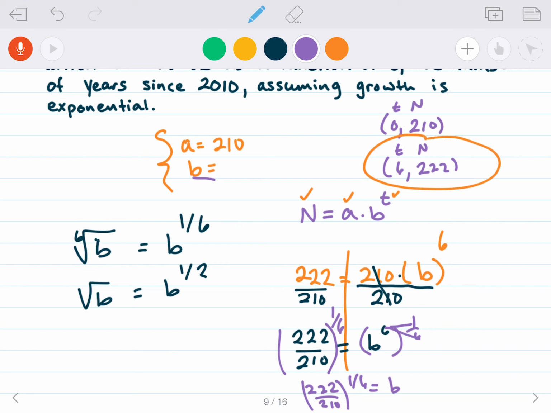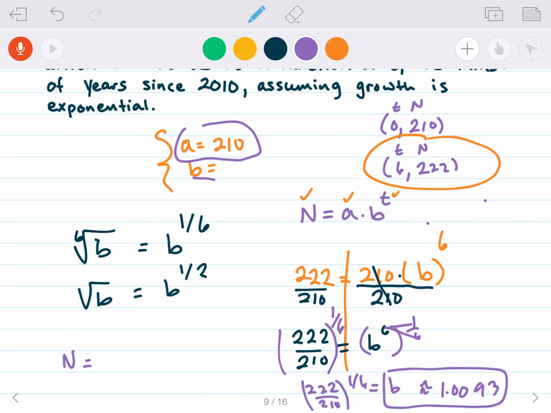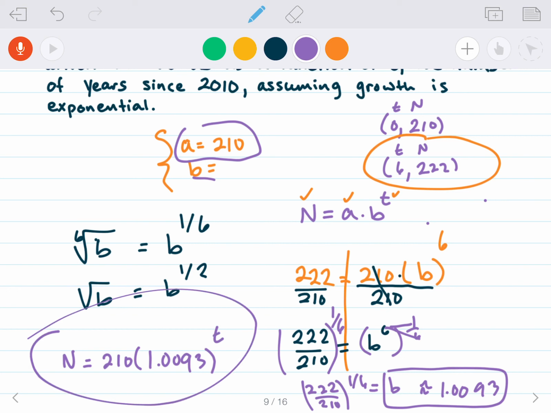So that is approximately 1.0093. So that is our b value. We know what our a value is. So our exponential function, plugging in a and b, is going to be n equals 210 times b to the t. And that is our exponential model.